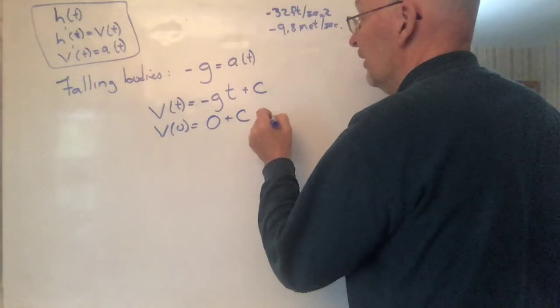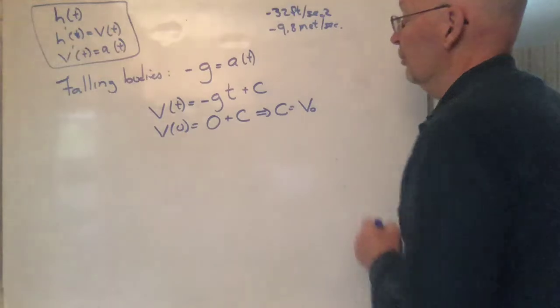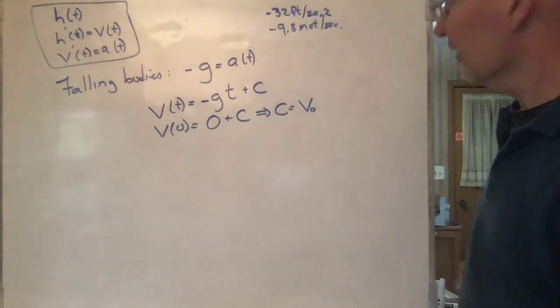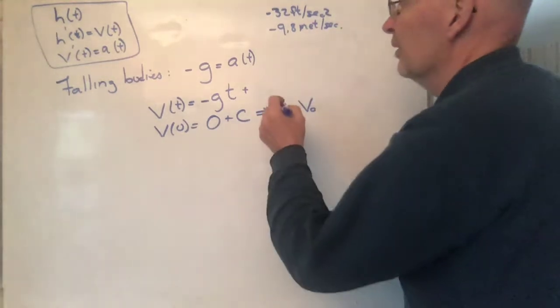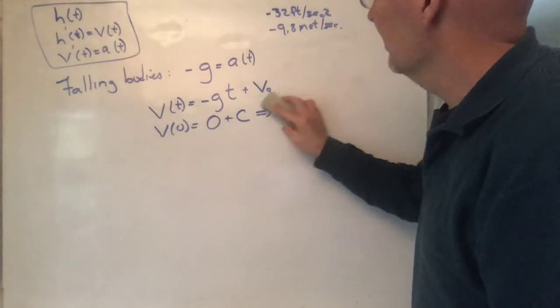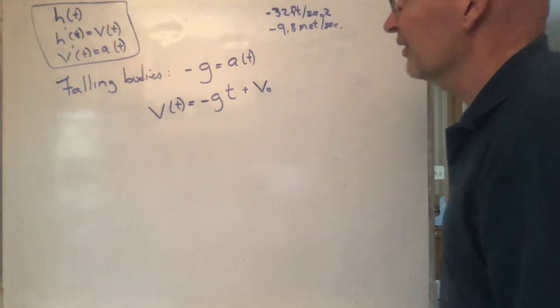So that tells me that c is actually the initial velocity. And quite often you put a little v sub 0 there to indicate the initial velocity. So that's the initial velocity before you subject it to gravity and so on like that. So I'm going to write it like that instead. It's still just a constant, but it tells you that that's your initial velocity.